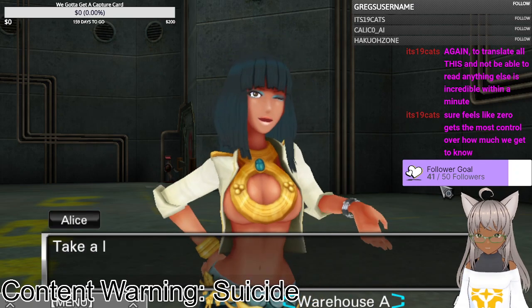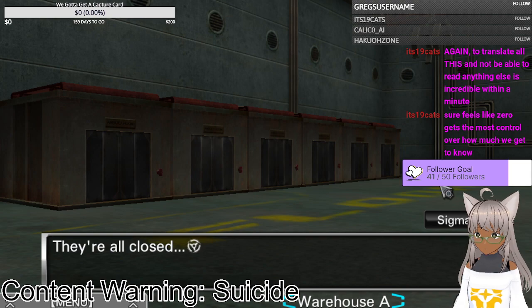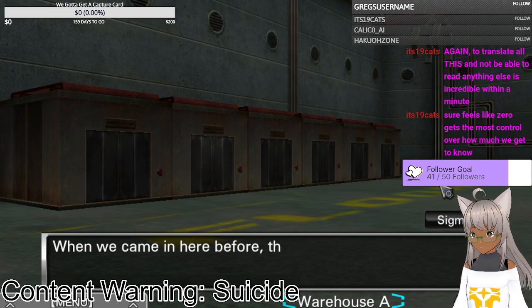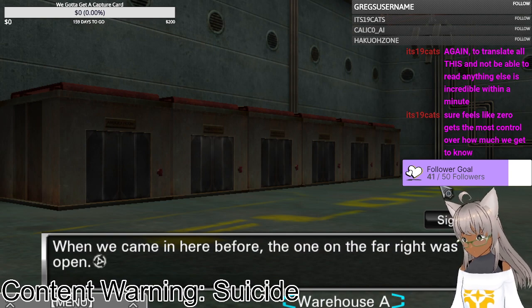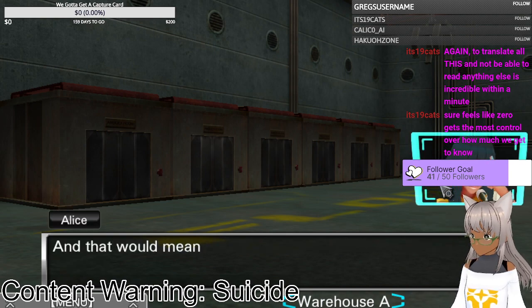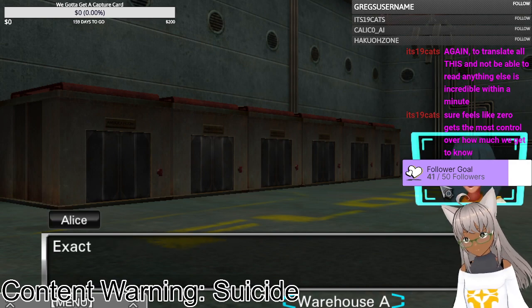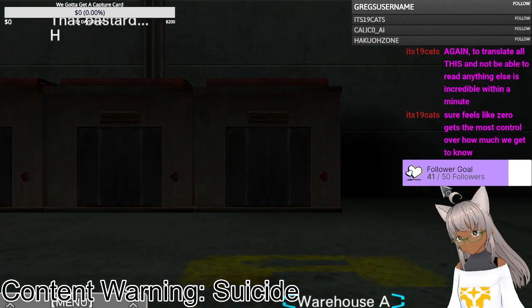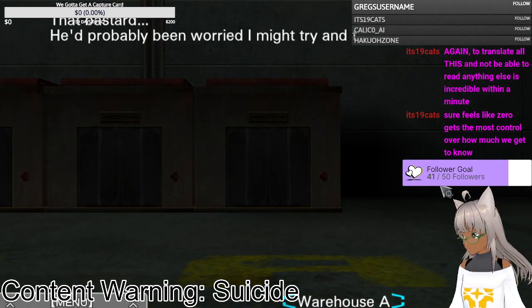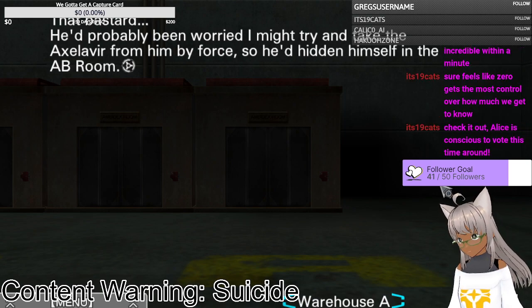Hey, where's Dio? Take a look at the doors. They're all closed. When we came here before, the one on the far right was open. And that would mean... That he went in, I guess. Exactly. Alice is conscious to vote this time.